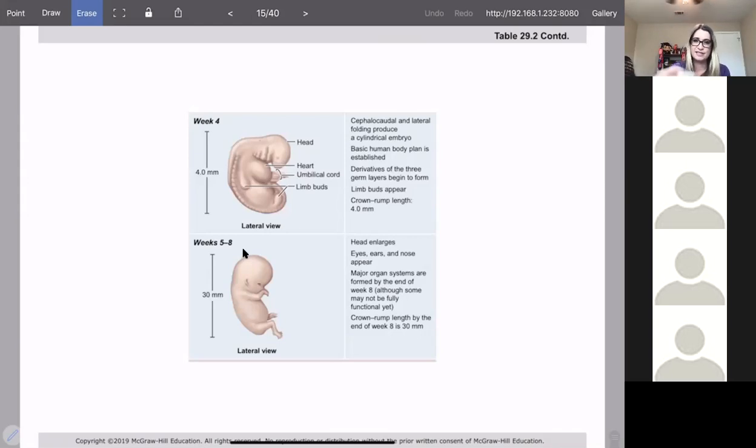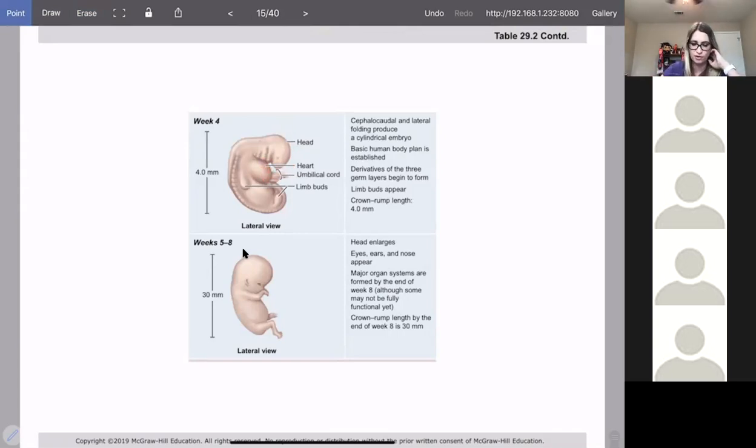And then here you can see this table that summarizes what happens during those first few weeks, the pre-embryonic and embryonic period. In week 4, you can see the head is forming. Here's the heart prominence, and it looks like it's external at this point.